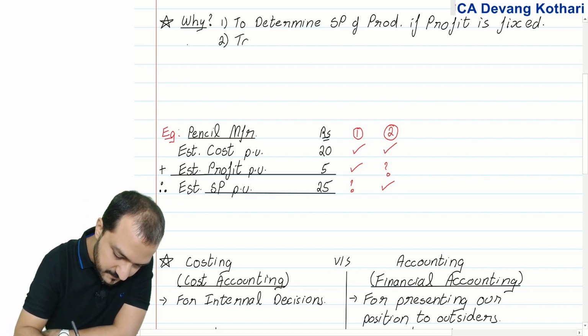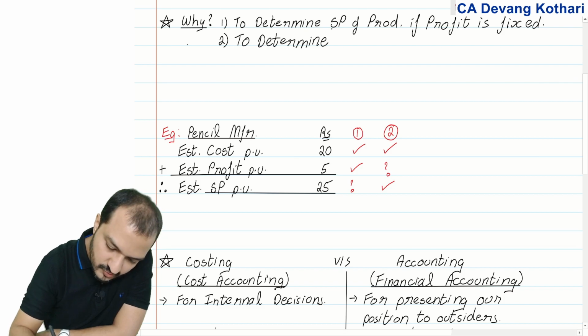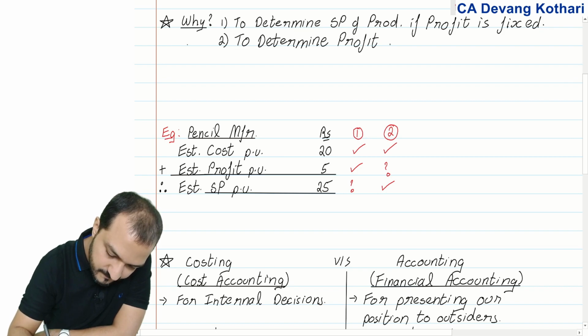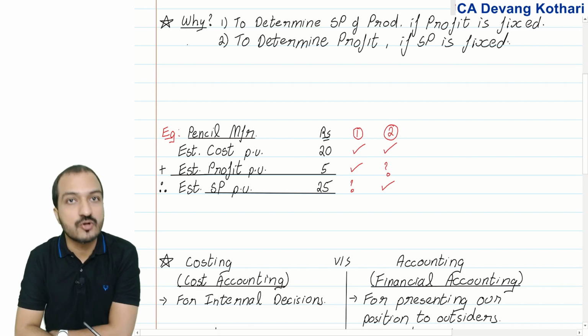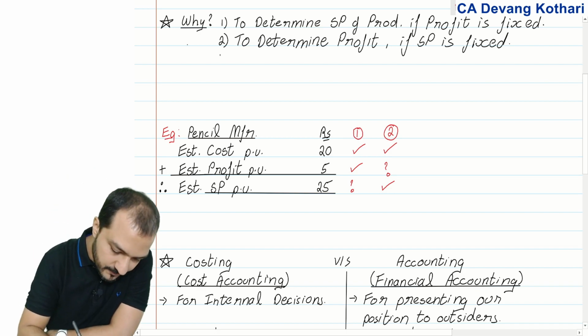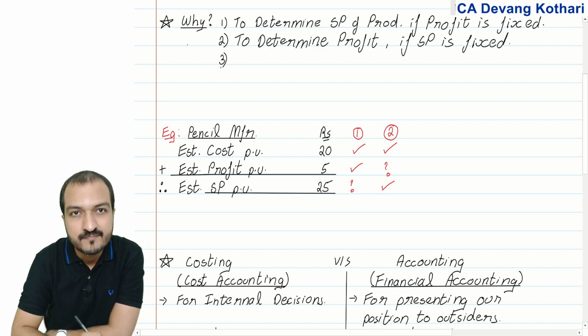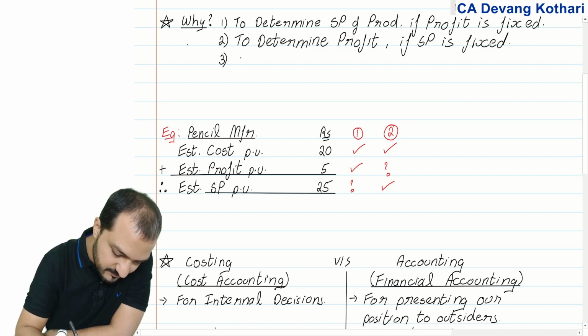Second purpose, to determine profit if selling price is already fixed, right? Third purpose, well, based on that third, I can say it's simply decision making.